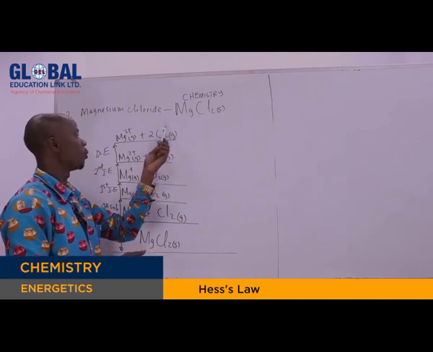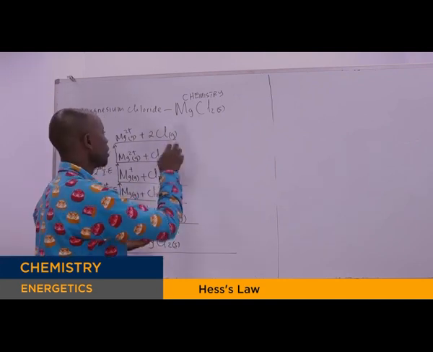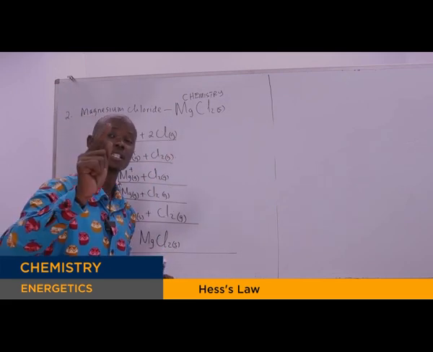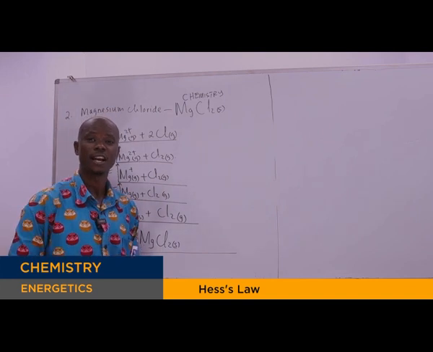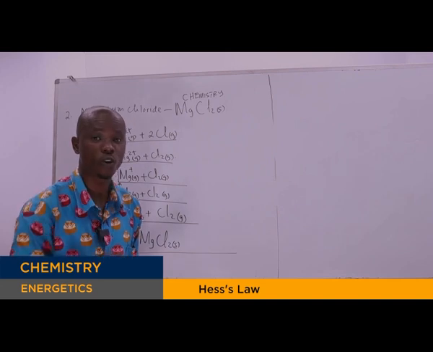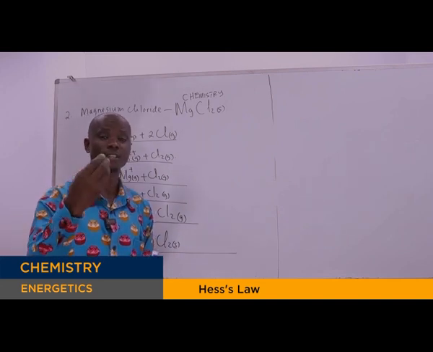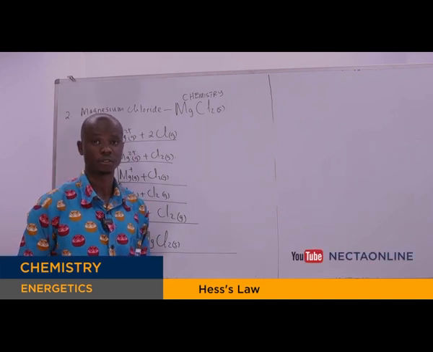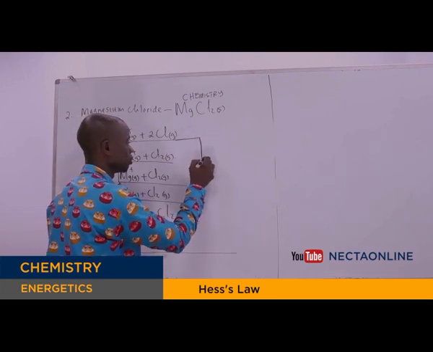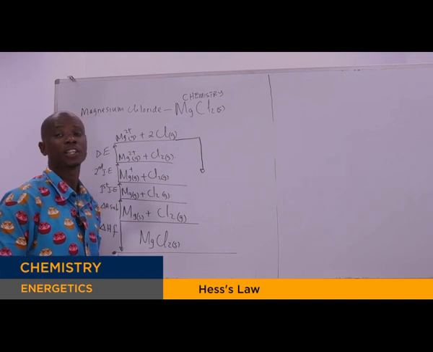Now, from there, we have atomized the chlorine atoms. Now we have to form an ion. This chlorine atom, because it is a nonmetal, gains an electron. But how many electrons can be gained by a chlorine atom? It is only 1, for it to acquire the stable noble gas configuration. So gaining 1 electron is a purely exothermic process.